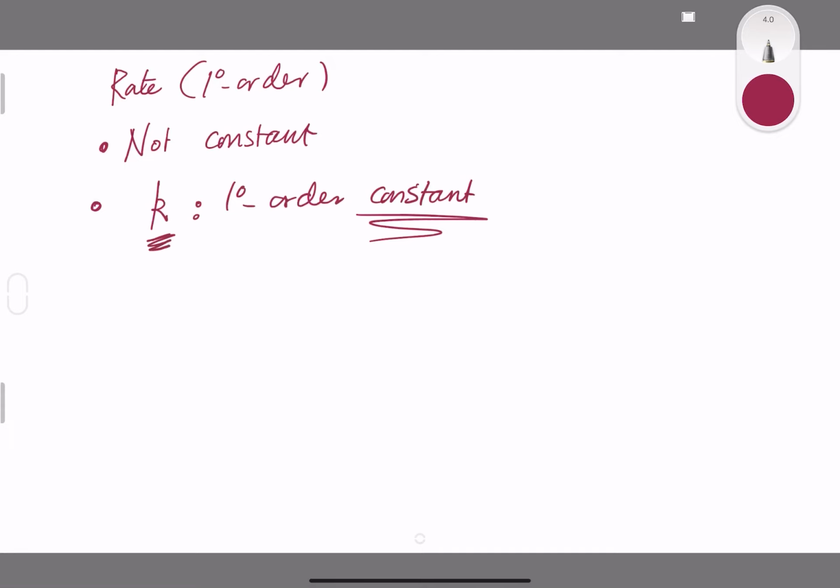Again, the constant unit is 1 over time, not mass over time. And the rate is not constant, but at the same time, it's proportionally related to the amount remaining in the body at time t. Okay? Those are the main differences so far. Okay, let's continue.